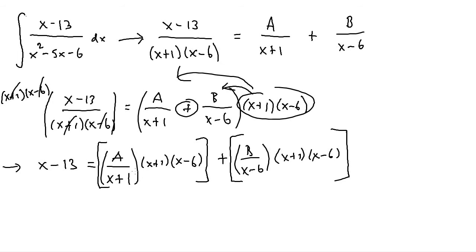The x plus 1's will cancel for a, and for b, the x minus 6's will cancel. So if I rewrite this down here, I get x minus 13 equals a times x minus 6 plus b times what's left, which is x plus 1.